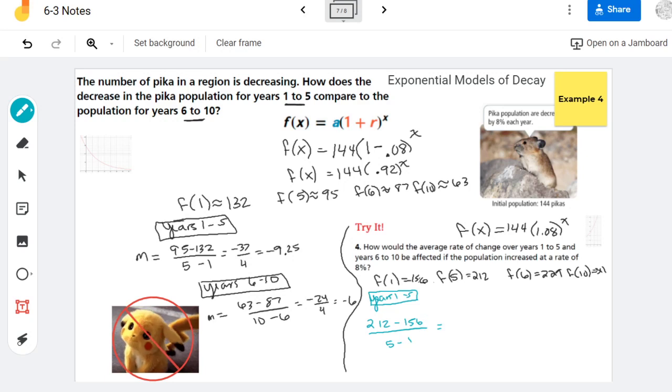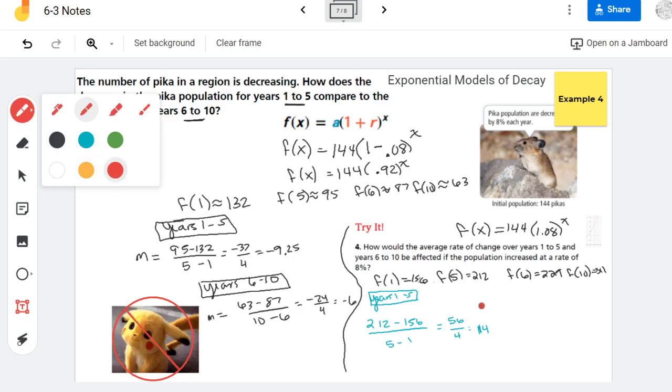I don't know what these are off the top of my head, so I'm using a calculator to help me along. 212 minus 156 is 56, and 5 minus 1 is 4, and 56 divided by 4 is 14. So on average, between the years 1 through 5, the Pika population is increasing by 14 animals per year.